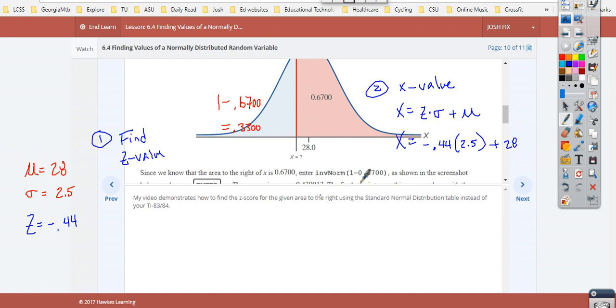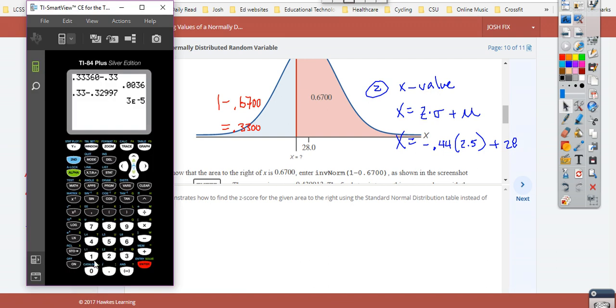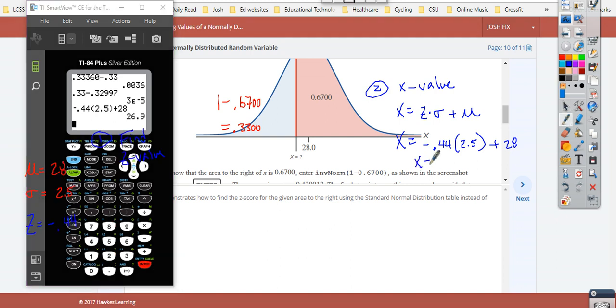Pull out my calculator: -0.44, open parentheses, times 2.5, plus our mean of 28 comes out to be an x value equal to 26.9. That translates and says that if my mean is 28, and my area to the right is 67% or 0.67, then this x value right here would be 26.9. Alright, so that's finding a specific x value for a set of data.